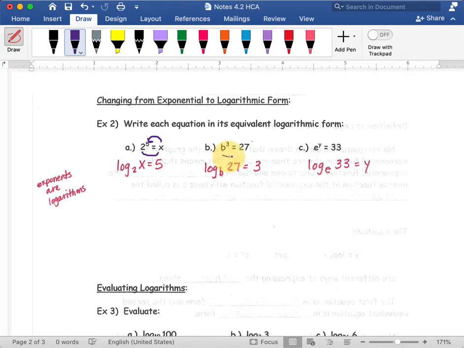You can kind of see that spiral thing going on. Log base e of 33 equals y. If you're having difficulty converting from exponential to logarithmic or logarithmic to exponential, just let me know so I can help you.